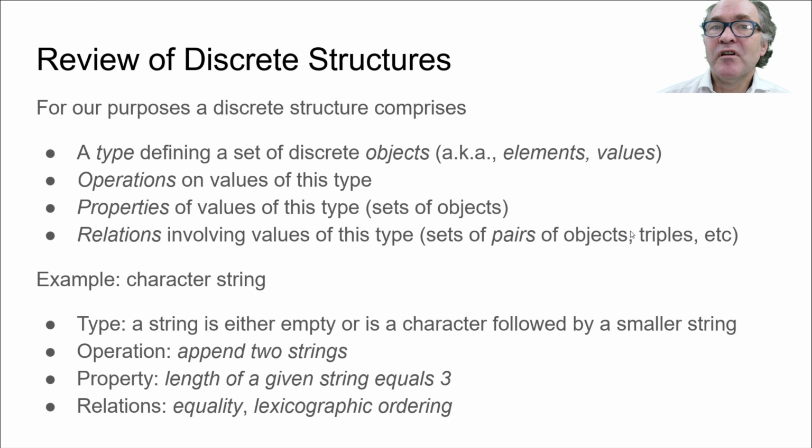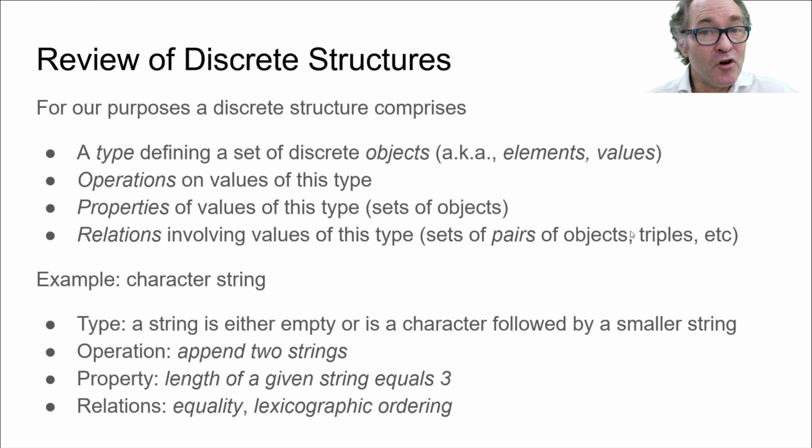Another example of a relation on strings is what computer scientists call lexicographic ordering. It's not just computer scientists, elementary school kids learn about this. It's also known as alphabetic ordering. So we would say that ABC is less than CDE in an alphabetic ordering.